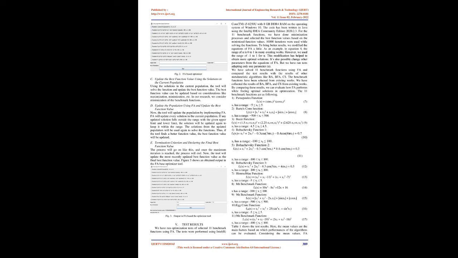Moving towards attractive fireflies. When a firefly i moves from the position xi to another firefly j located at xj, the scenario can be explained by equation 5. In equation 5, the β0 term multiplied by (xj minus xi) is because of the firefly j's attraction. In optimization, xj is the best solution in the current population. Alpha epsilon i is a randomization parameter. Epsilon i has a range of 0 to 1.